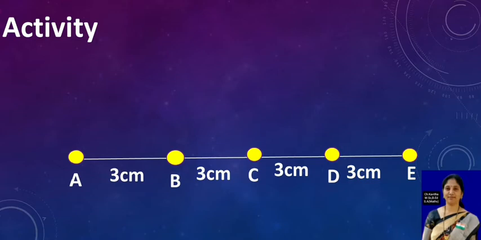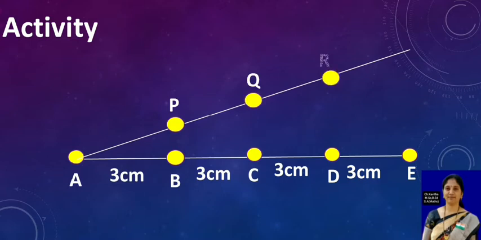Now we have to draw the perpendicular to this AE at the points B, C, D and E. Just look here, considering the points like this, I am drawing a perpendicular to AB. PB is the perpendicular line drawn to AB.